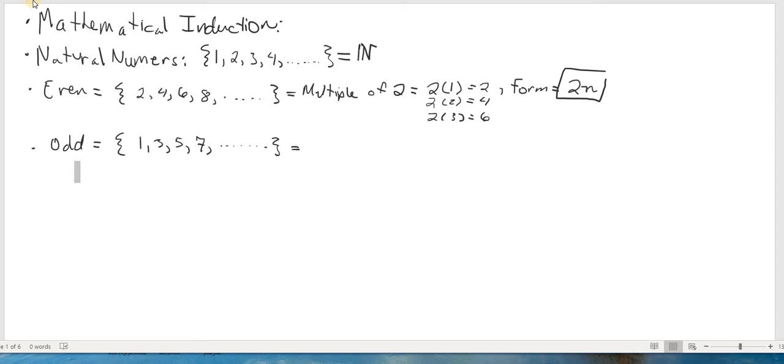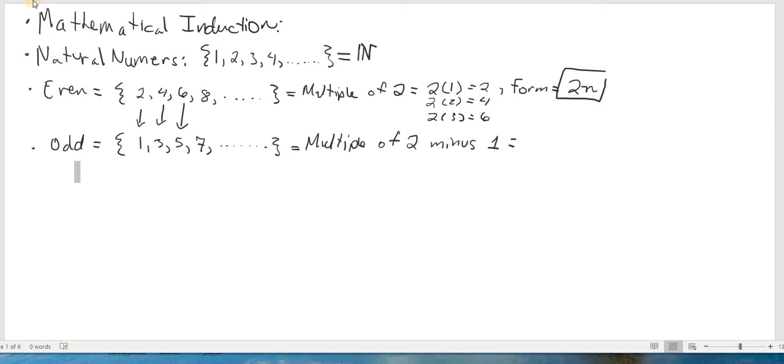If you take an even number and take away 1, you get this number. 2 minus 1 is 1. 4 take away 1 is 3. 6 take away 1 is 5. So this is like saying a multiple of 2 minus 1.